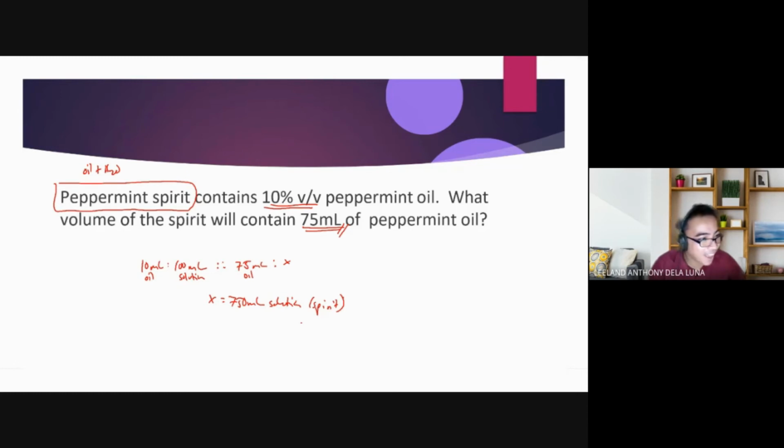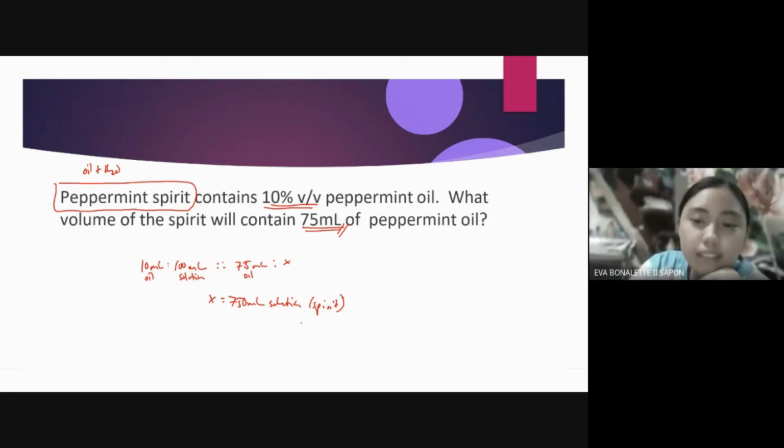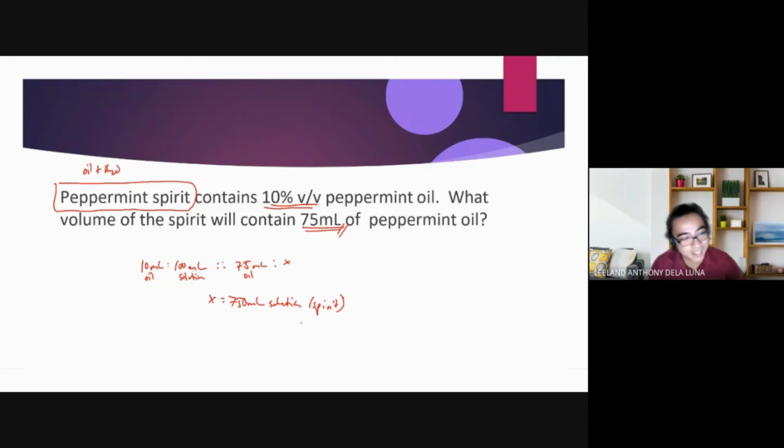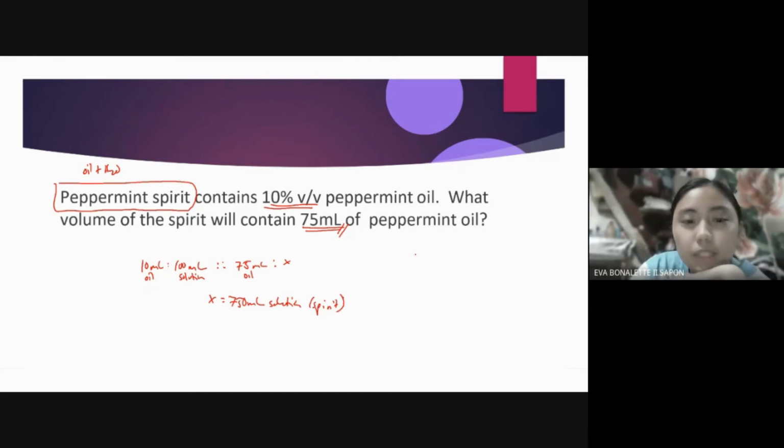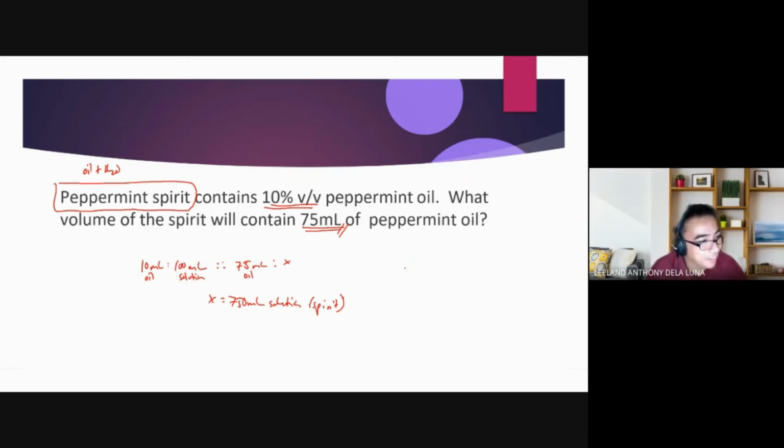Yes, Miss Eva. Sir, is it 675? Yes, 675. So, paano natin nakuha yun? Yeah, Miss Eva, tuloy mo na. 750, which is the total solution, minus 75 ml of peppermint oil. So, equivalent yun na yung tubig.